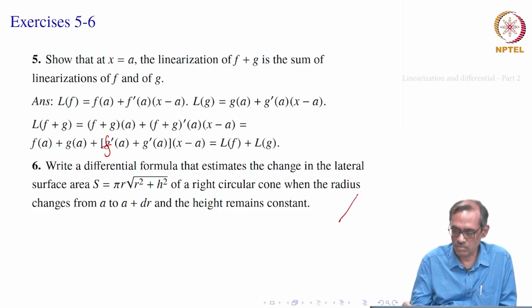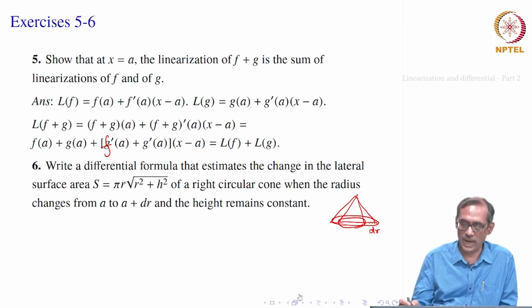So, you have a circular cone, there is some radius, say it is a, the height remains the same and you are changing this right circular cone to another with the difference being dr. So, this distance is dr. It asks to find what is the change in the lateral surface area.